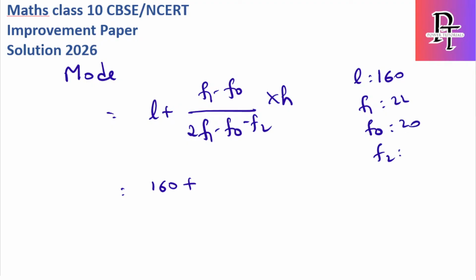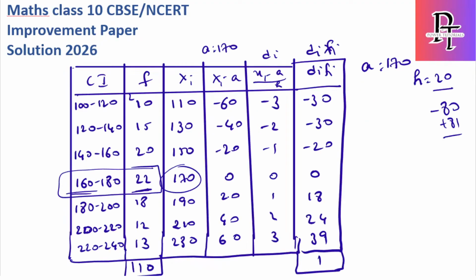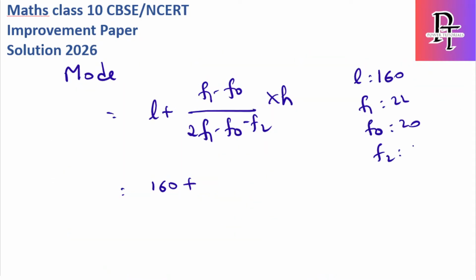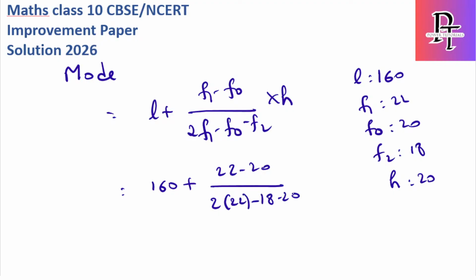F2 is 18, which is the succeeding one. And the h value we already know, which is 20. So let's substitute all the values. F1 is 22 minus f0 is 20 by 2 into 22 minus 18 minus 20 into h is 20.